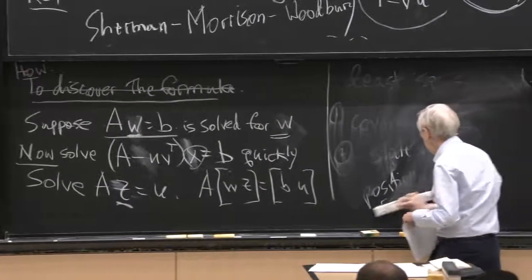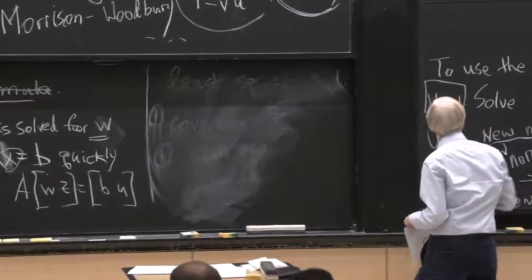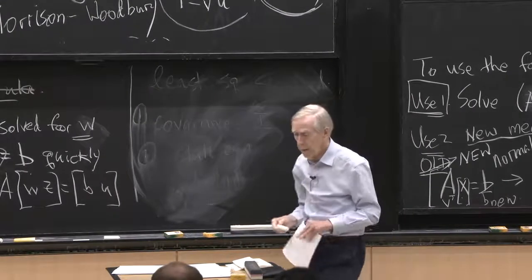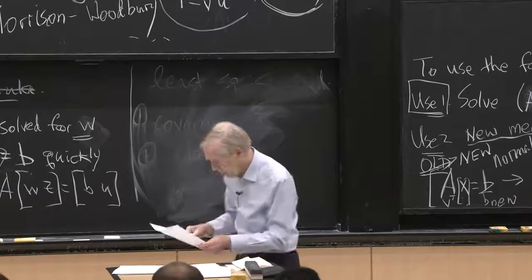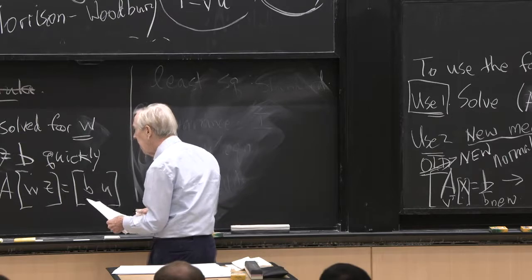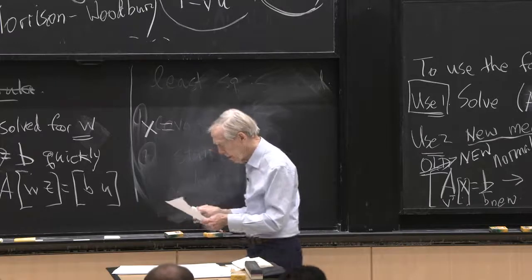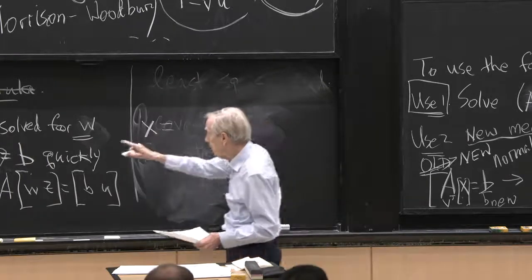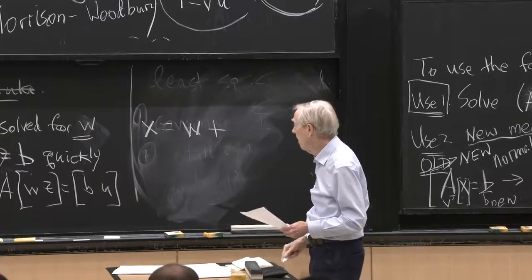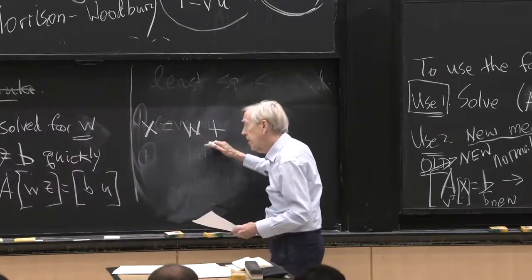And that will be use number one of the Sherman-Morrison-Woodbury formula. Okay, so I'm planning to just write it down. According to this, step two is the answer we want, here written X, so I haven't used the same letters as in the notes, is the original W, good, and then a change, because I've changed the problem, so I'm going to change the answer.